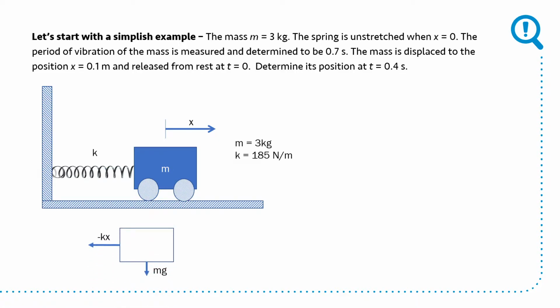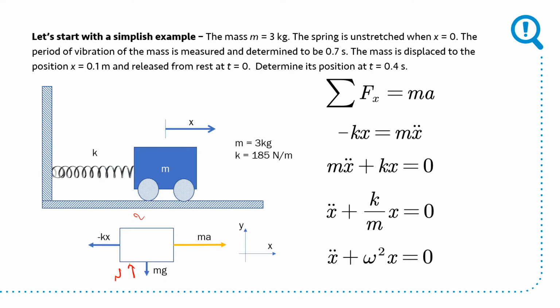If I look at the free body diagram, I really don't need weight, but I could include it. And if I do that, I'll have a normal force that I should include. But more importantly, I have the spring force and the kinematic term, which is the mass times acceleration. And of course, just for good practice, always put in x and y, and the positives for those.